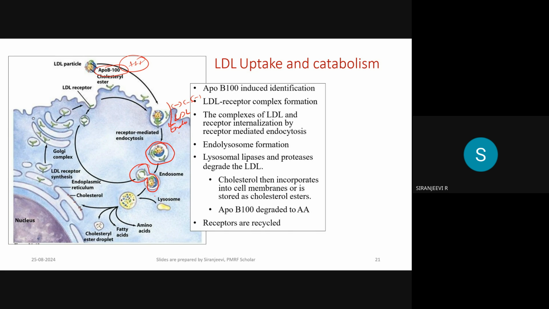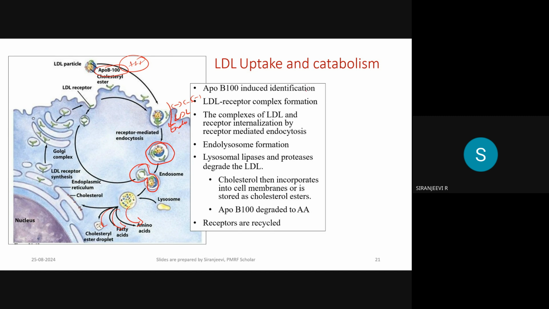Then the enzymes responsible for lipid digestion will be there. Finally, it can form amino acids from the lipoproteins, fatty acids, and cholesterol esters form the cholesterol droplets, and it can finally get back to the endoplasmic reticulum for other functions. Then it again forms the LDL receptor and then the Golgi synthesis.